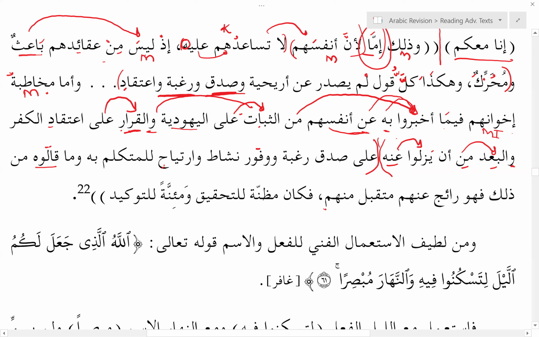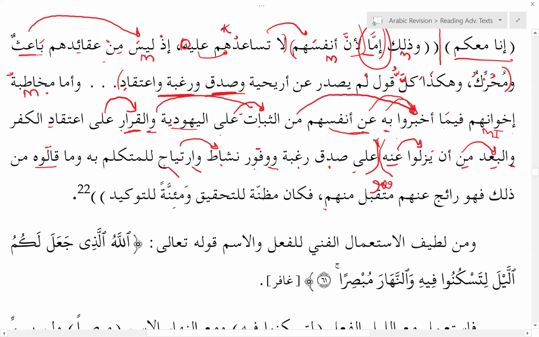And of course, there's something missing. That's why the fa is not mentioned. Like we said, imagine there's a fahuwa there, which is mahdhuf. So فهو على صدق رغبة ووفور نشاط, جار مجرور, مضاف مضاف إليه, وحرف عطف, مضاف مضاف إليه, وحرف عطف, مضاف, sorry, this is just connected to that.